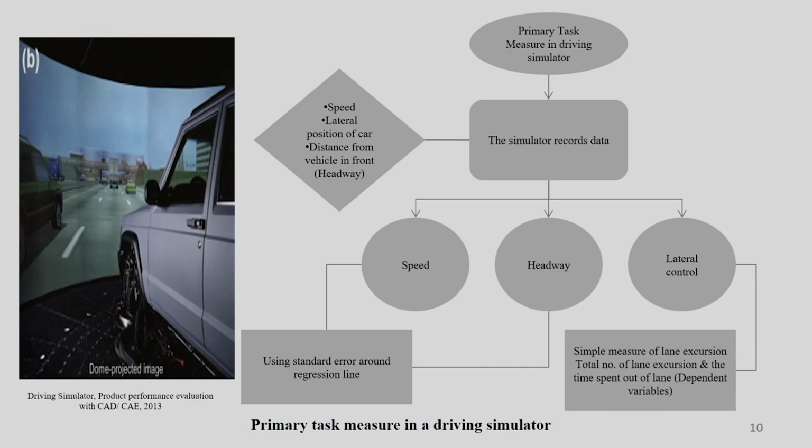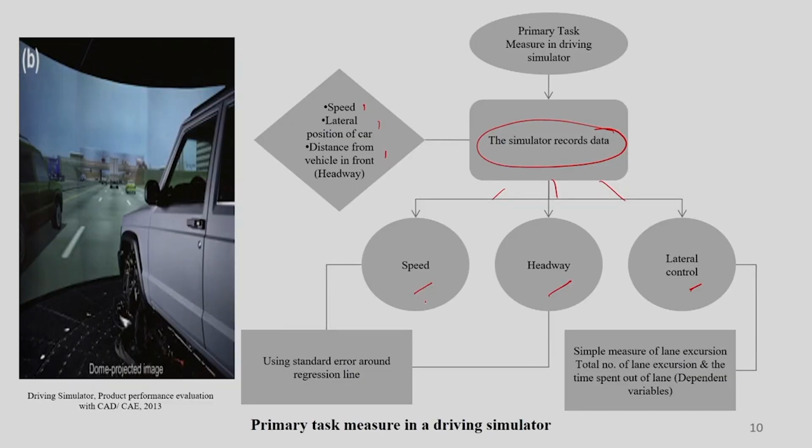Okay, so here they understood first is speed, then is headway, meaning the distance between the two cars, and the lateral control. So the simulator records the data about all these three factors: speed, lateral position and distance from the vehicle which is in front of that particular simulator.